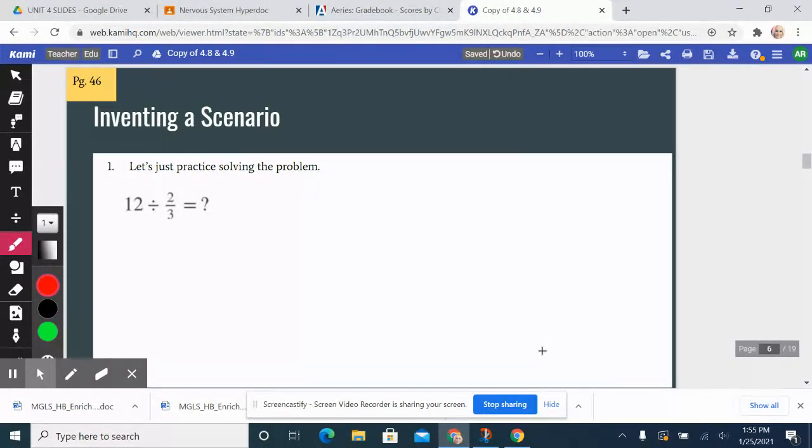Okay, so if I have 12 divided by 2/3, remember that you need to put a 1 under this. So this now becomes 12 over 1. Remember I taught you that you can never divide a fraction, you need to multiply them. To multiply, you need to multiply by the reciprocal. So we would do 3 over 2. Remember the keep, and then we change, and then we flip, right?